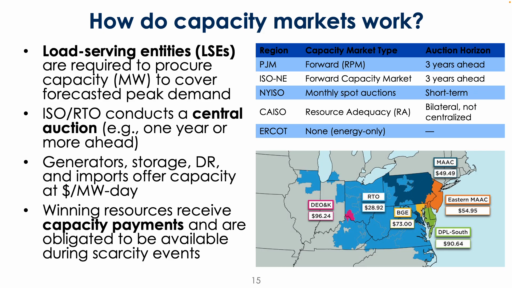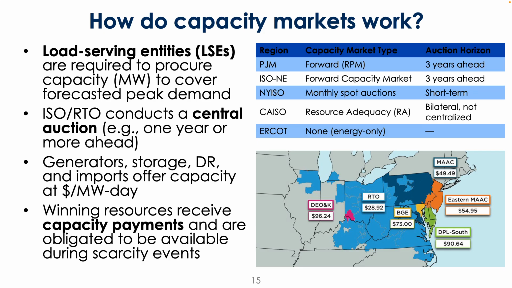Generators, storage, demand response, imports, they offer capacity at a dollar per megawatt per day. And the winning resources receive capacity payments and are obligated to be available during scarcity events. So it's very similar in a way to this dispatch curve.